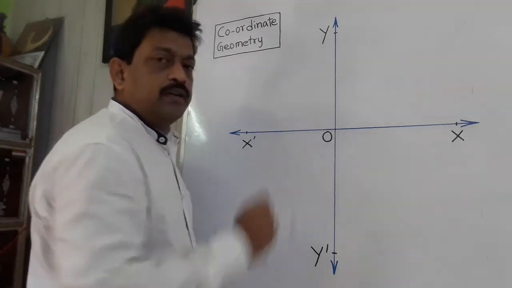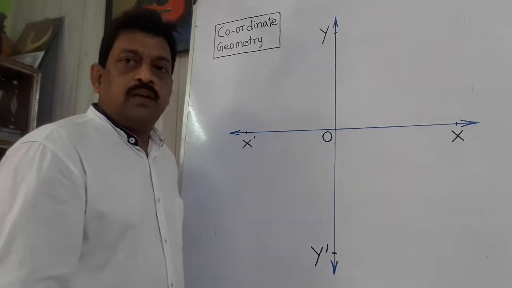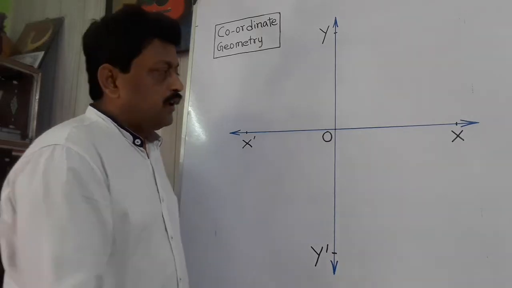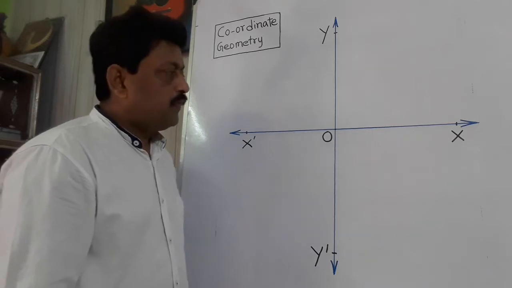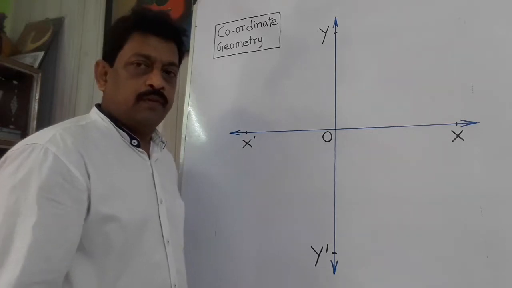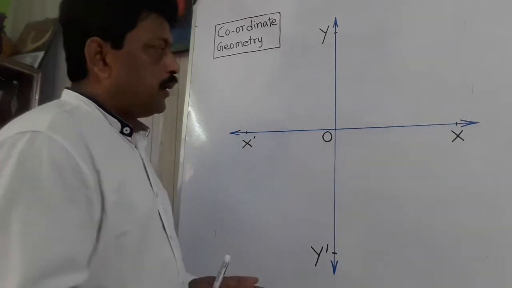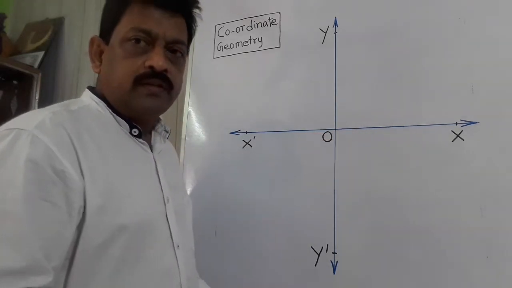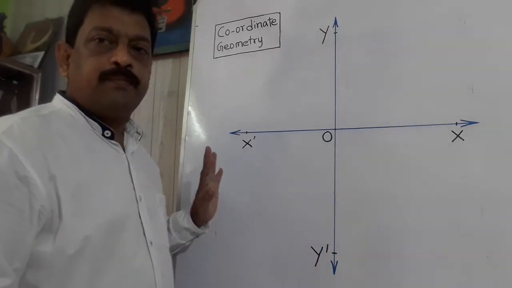The point of intersection of these two coordinate axes is known as the origin, and it is denoted by O. The plane where these two axes are drawn is known as the Cartesian plane.